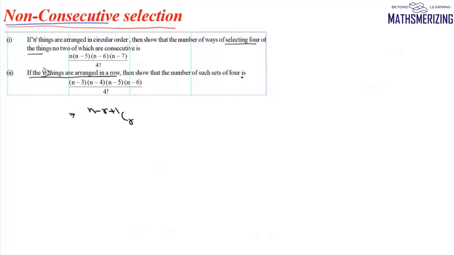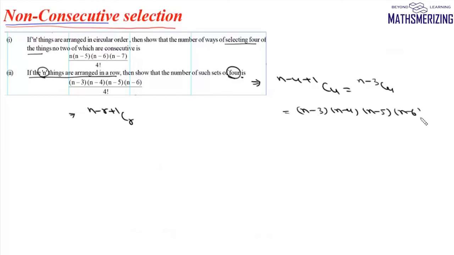Now in this case, n is simply n, but r is 4. So the total number of ways in which we can select these 4 objects is n minus 4 plus 1 C 4, and that will be n minus 3 C 4. So we'll write this as n minus 3, n minus 4, n minus 5, n minus 6, and then it'll be 4, 3, 2, 1.